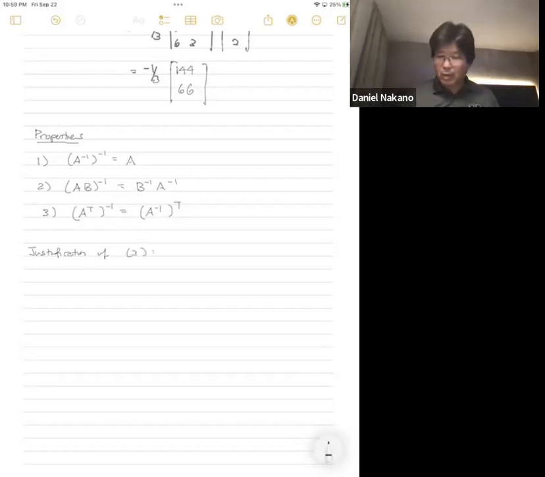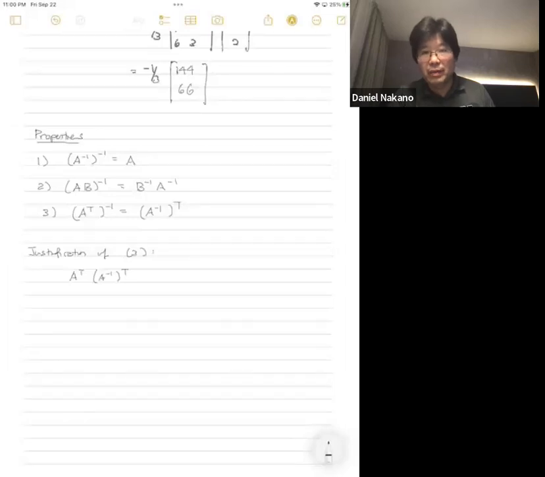If I take A transpose, and if I look at A inverse transpose, remember, A transpose inverse is the inverse of A transpose. So if I show this one actually equals identity, then by uniqueness, we're done.